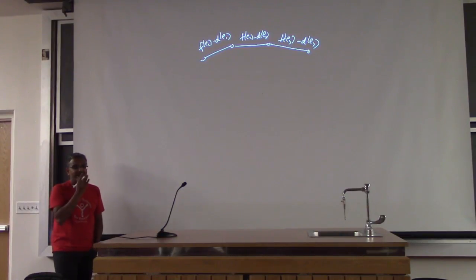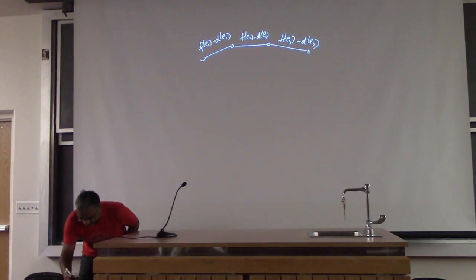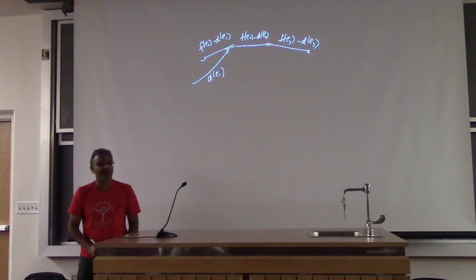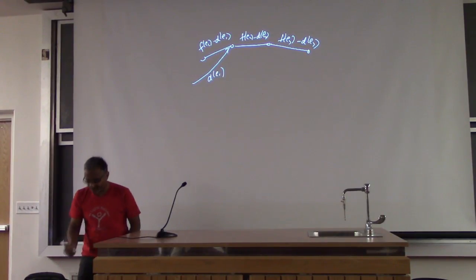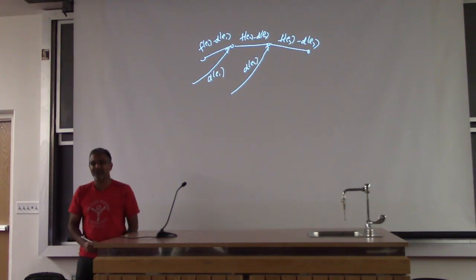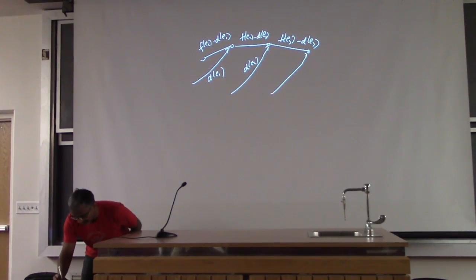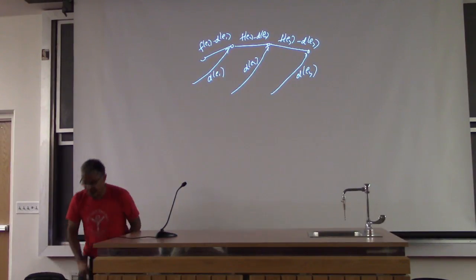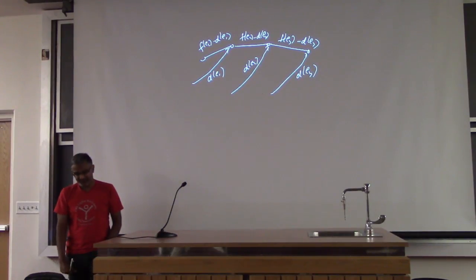I'm supplying a DE1 here from the source, the new source. I'm supplying a DE2 here from this source. I'm supplying a DE3 here from this source. That's the way we constructed this new graph.